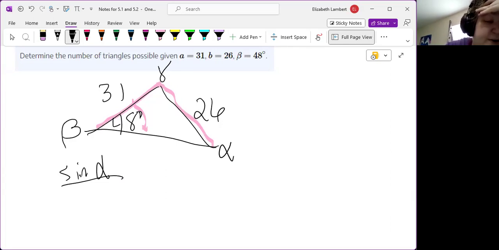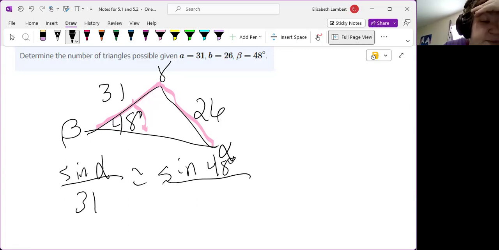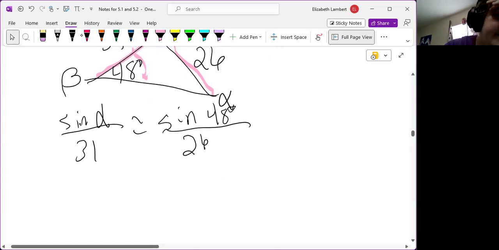The sine of alpha goes with 31. And the sine of beta, 48 over 26. All right, let's solve for A. 31.